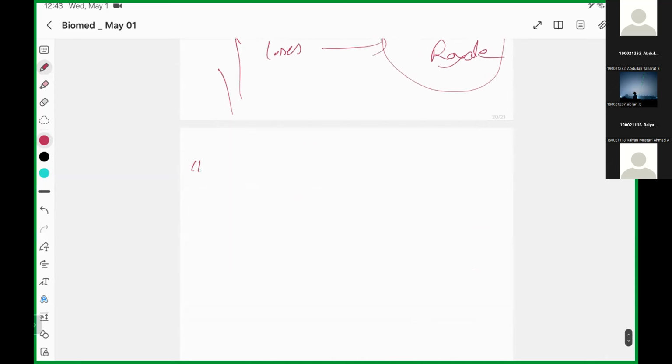So number 3. Let's look at another one: atrioventricular block, or AV block.